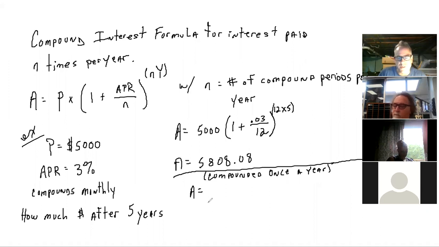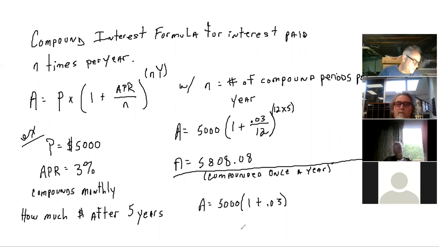So in this situation, if it's just compounded annually, once a year, then you would have your 5,000, and it would just be 1 plus 0.03. And the N is now 1 because it's just going to be compounded once in that year. And then your power here would just be 5.